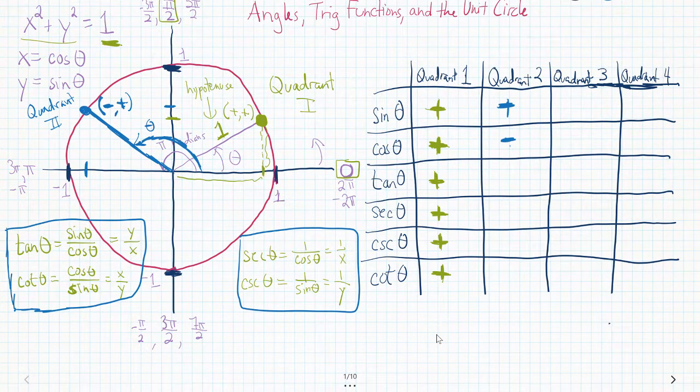So moving forward in this condition, tangent theta is y over x, a positive divided by a negative, that's going to be a negative. Our secant theta, what is that? Well, that's 1 over x. Our x value is negative, so that's going to be a negative. Our cosecant theta, well, that's 1 over y. Our y value is positive, so this thing is positive.